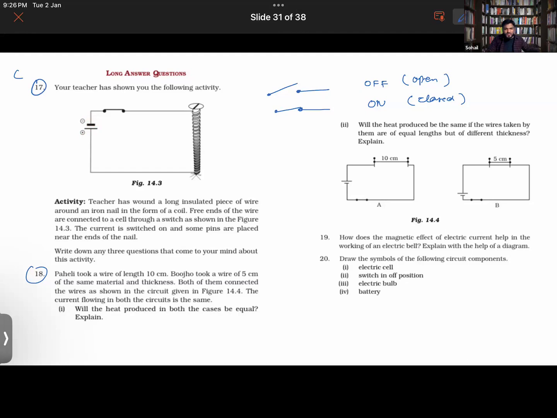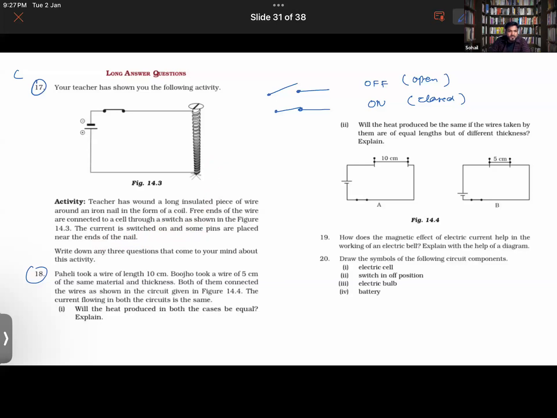So let's understand the question. The teacher has wound a long insulated piece of wire around an iron nail in the form of a coil. Now the free ends of the wire are connected to a cell through a switch as shown in the figure. The current is switched on and some pins are placed near the ends of the nail. What questions come to our mind now?